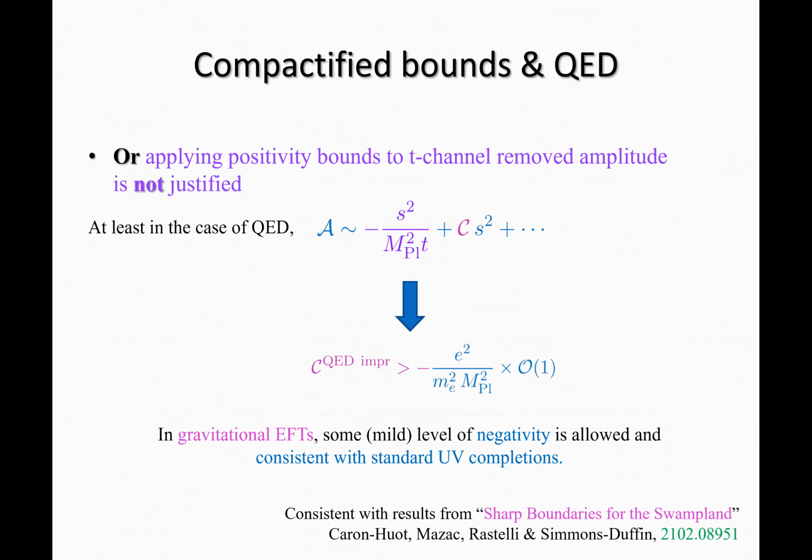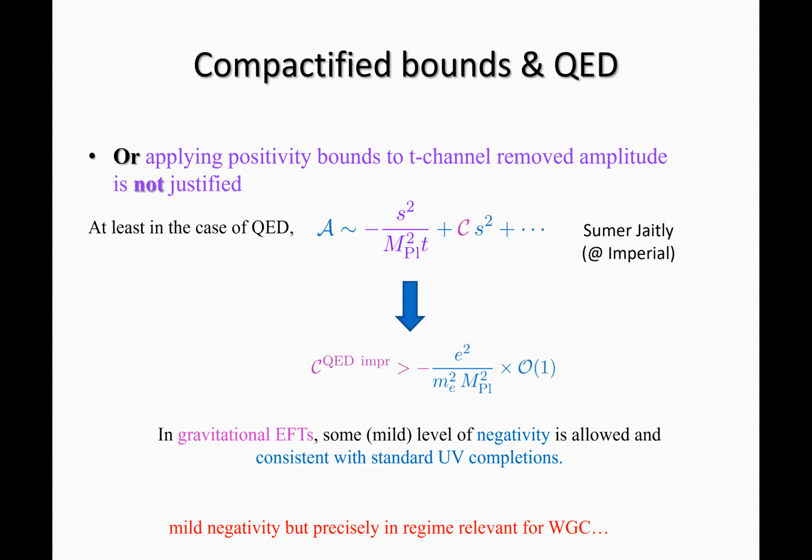So if we take this third avenue into account, and that's what I'm going to be following for the probably no time that I have left, at least in the case of QED, the very presence of gravity tells you, at least when M Planck is finite, that the coefficient of the amplitudes, which otherwise would typically need to be positive in a non-gravitational setup, can now be ever so slightly negative. And this negative effect is actually very relevant when dealing with the weak gravity conjecture, for instance.